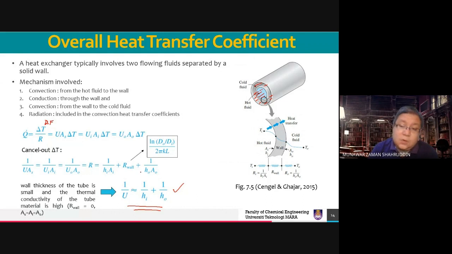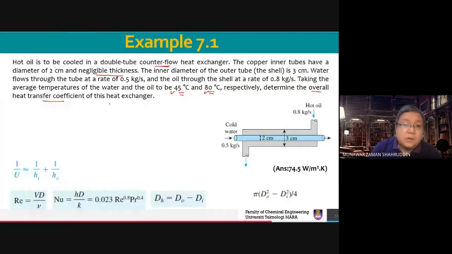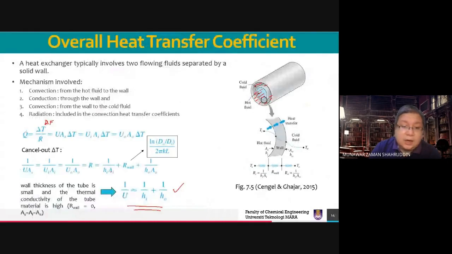There will be no conduction in this question because there is a very significant statement just now, negligible thickness. Meaning that R wall is 0. So this would be the only formula for U.